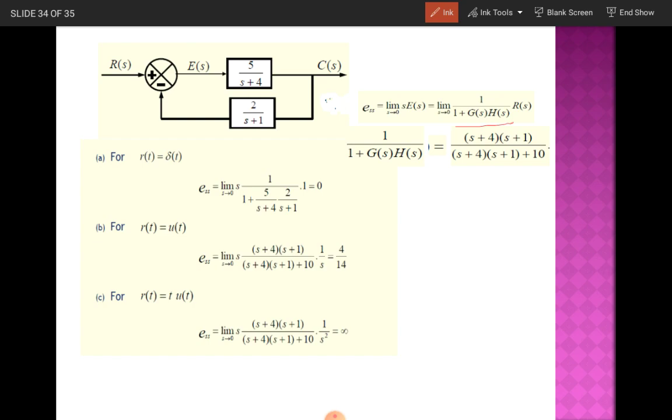So we'll get 1 divided by 1 plus G of s H of s. So 5 divided by s plus 4 into 2 divided by s plus 1.